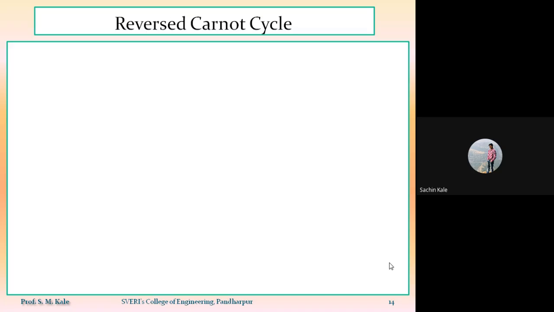The Carnot cycle is the standard or basic cycle on which a heat engine works. As a refrigerator is the reverse of a heat engine, the standard or basic cycle on which any refrigerator can work is nothing but the reverse Carnot cycle.